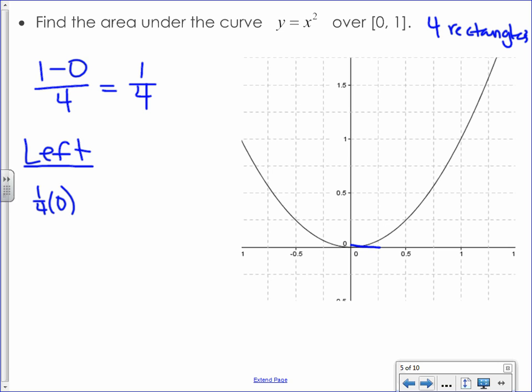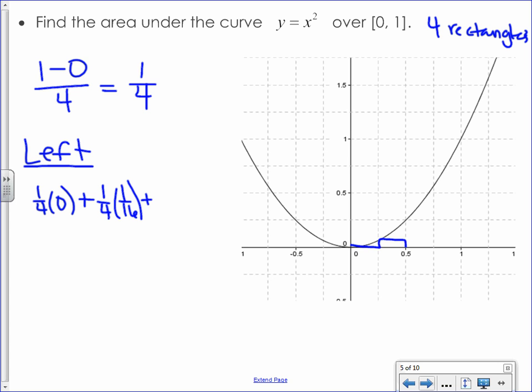Okay. Then we're going to use for our next rectangle. Our next rectangle is 1/4 over, so we're going to have to use 1/4 to get the height. And how do we get the height? Plug 1/4 into your equation. That's going to give you your height, right? So this rectangle has a height of 1/16.